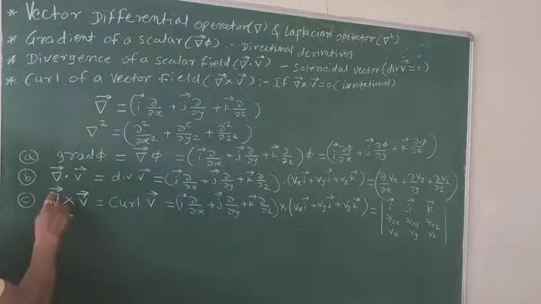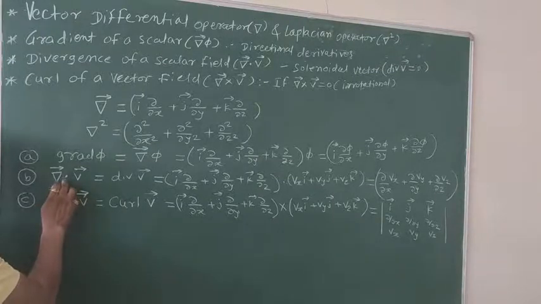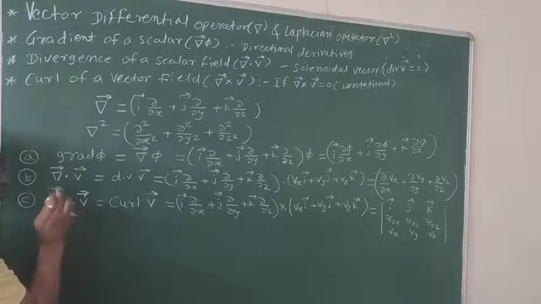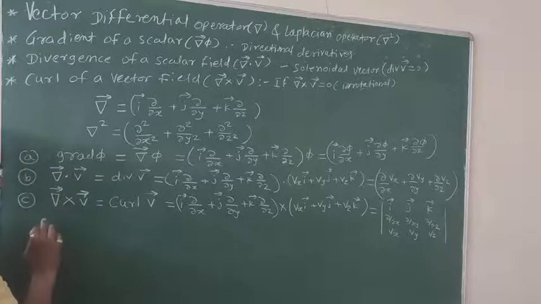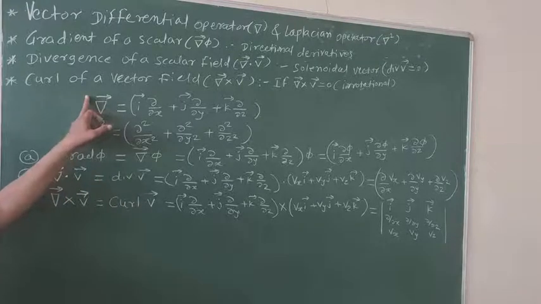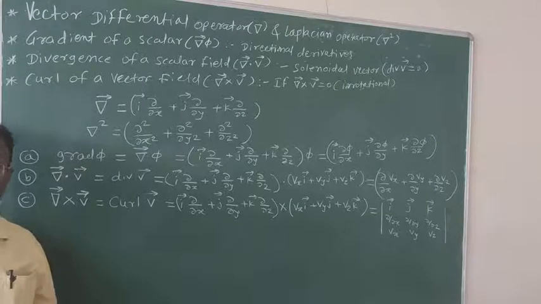But when we consider divergence, the dot product is used. And when we consider the curl, it gives the cross product. That indicates the use of the del operator in mathematical methods in physics.